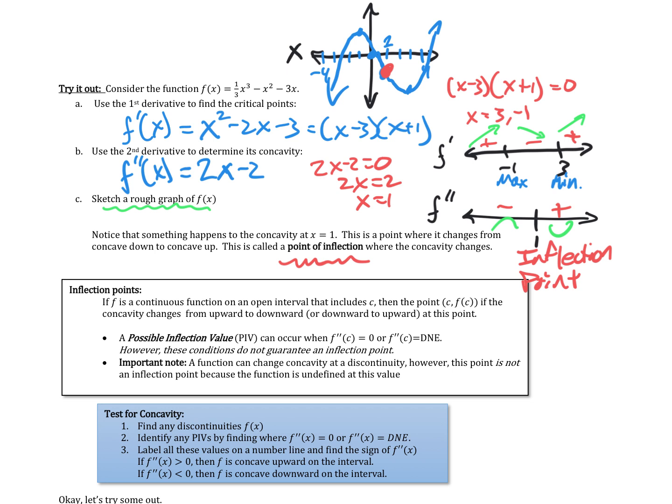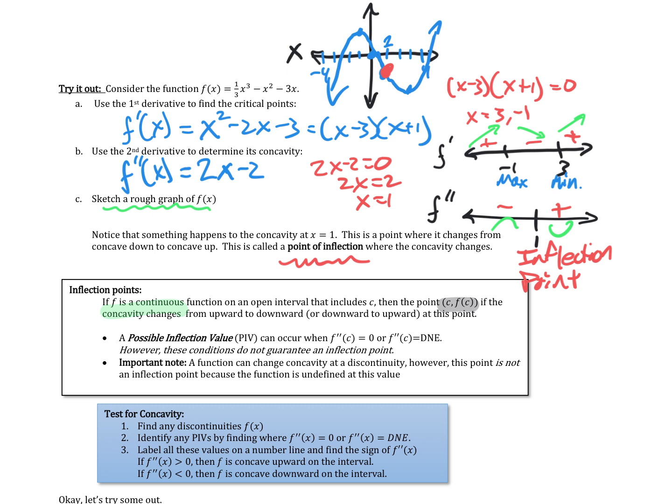Inflection points are found if f is continuous on an open interval and includes c. So c is on the graph there, all right? Then the point c, f of c, is an inflection point if the concavity changes from upward to downward or downward to upward.